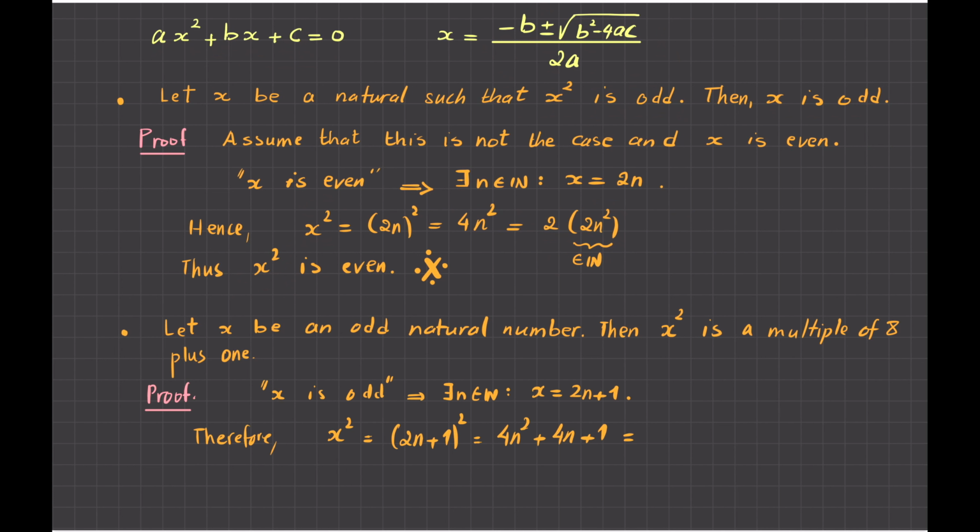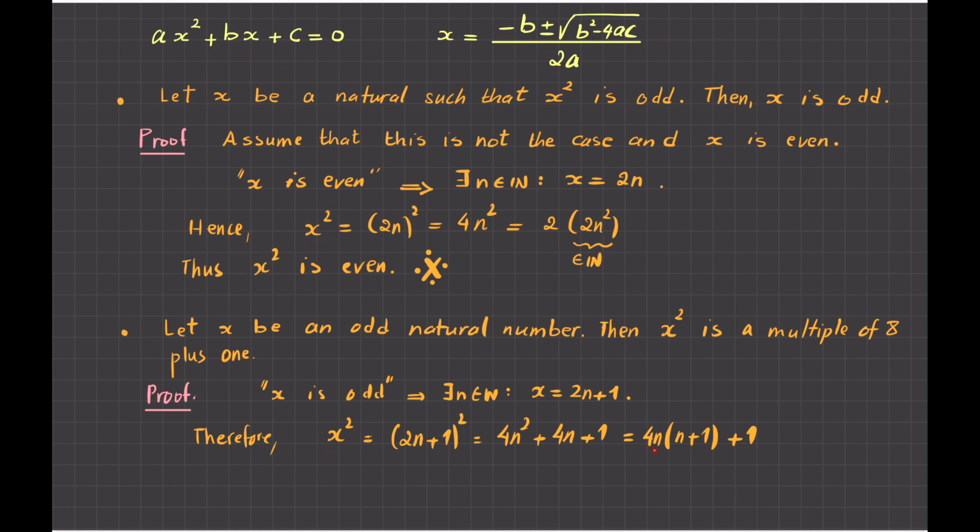Between the first two terms, I can factor a 4n out. Then I will have 4n times (n plus 1) plus 1. Okay, so far I have shown that x squared is a multiple of 4 plus 1, but I want to show that no, it is also a multiple of 8 plus 1.